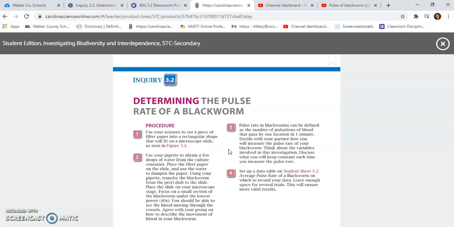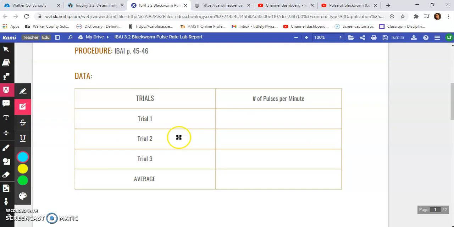We're going to be gathering data about the pulse rate of our blackworm. We're going to be doing 3 trials and then finding the average. For each trial we're going to count for 30 seconds, but because our data needs to be pulses per minute, we'll take whatever the blackworm's pulse was for 30 seconds and multiply by 2, and that would give us how many pulses there were per minute.